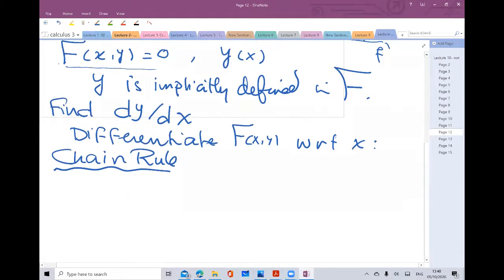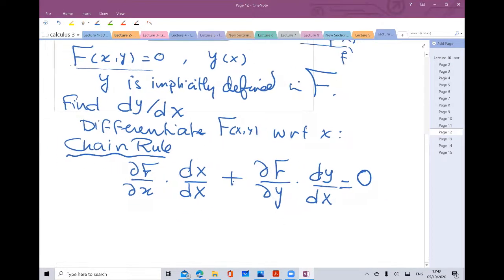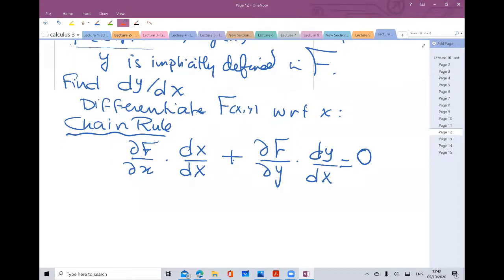I'm going to say the derivative of F with respect to x times the derivative of x with respect to x itself, plus the derivative of F with respect to y times the derivative of y with respect to x is equal to 0. I have a 0, or constant, on the other side. So now I have the term that I need. This is what is required to find.